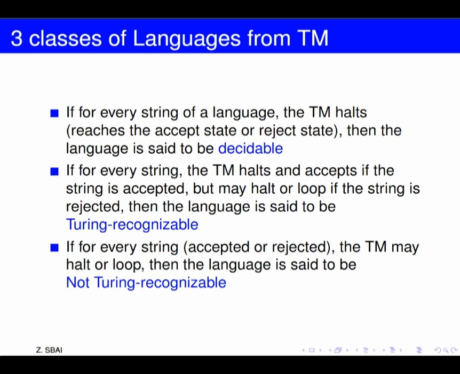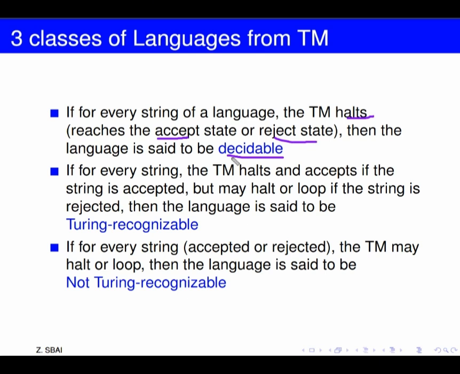In fact, we have three possible classes for the languages that are designed by Turing machines. The language is called decidable if the Turing machine halts for each input. For the members of the language, we will be able to reach an accept state, and for the strings that are not members of the language, we will be able to reach a reject state. Explicitly, the machine will enter a reject state.